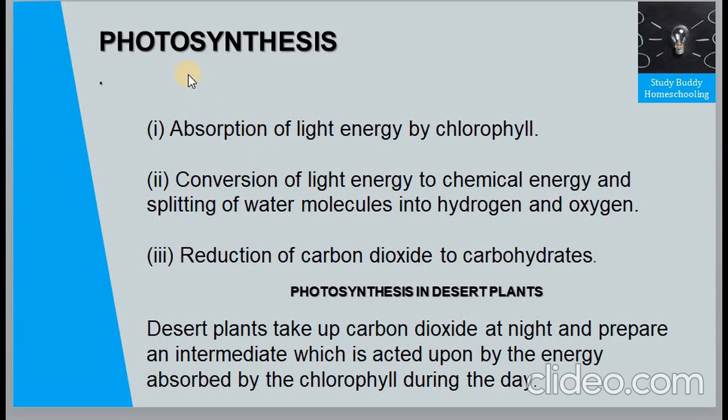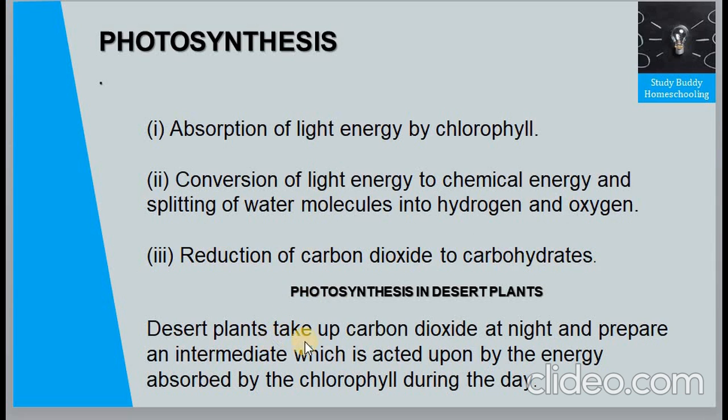So the overall process of photosynthesis is absorption of sunlight by chlorophyll, and once the chlorophyll is charged with energy, that energy is used in the splitting of water molecules into hydrogen ions and oxygen, and this hydrogen is used in the reduction of carbon dioxide into carbohydrates.